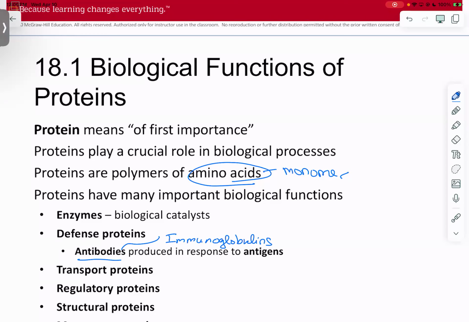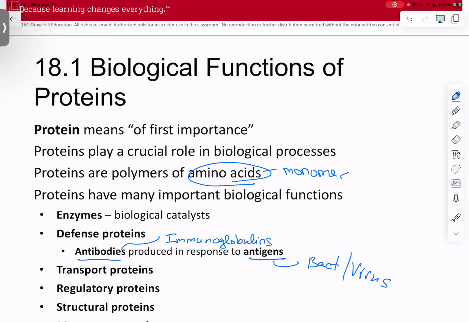Just like we talked about the antigens that sit on the outside of your red blood cells, that make you type A, type O, type AB, right? Those are the antigens. But we know that things like bacteria, viruses, those kinds of things have antigens. And so if we express antibodies, we can combat those proteins, those bacteria, those viruses.